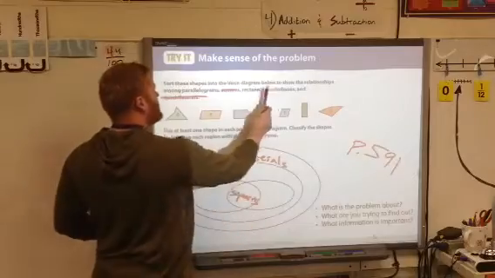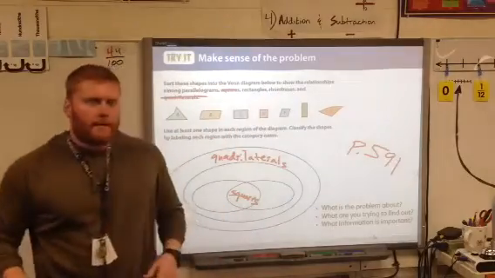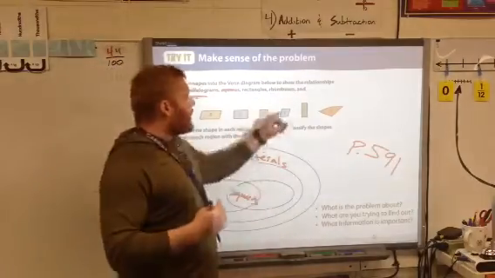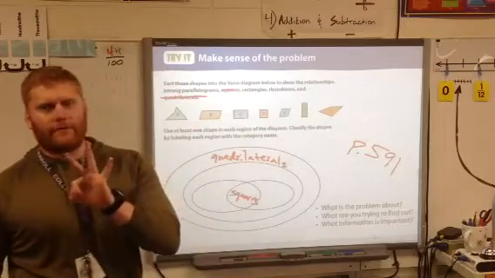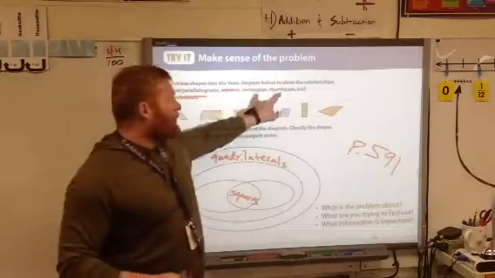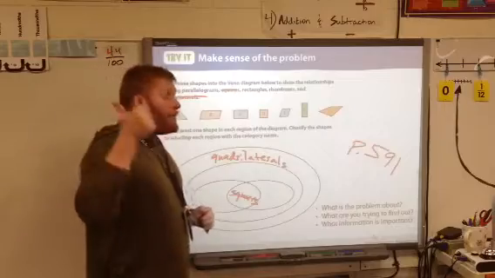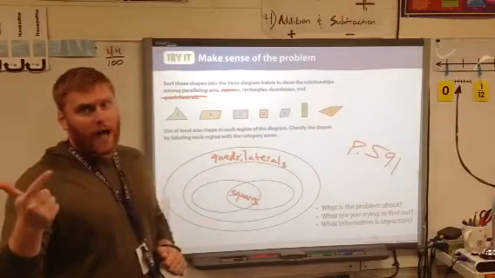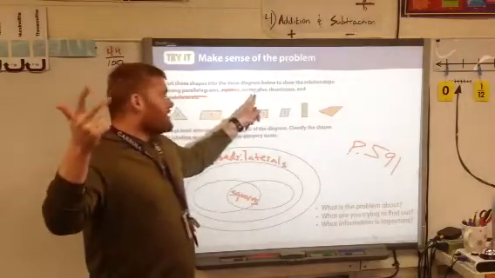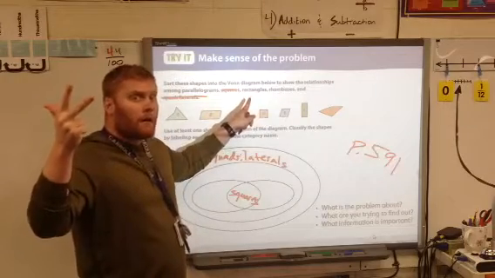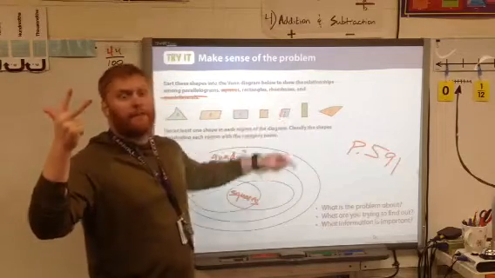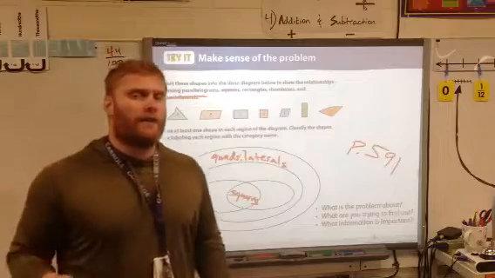I'm left with rectangles, rhombuses, and parallelograms. Now, if I look at rectangles and rhombuses, I can think of 3 attributes. They're both 4-sided. They both need 2 sets of parallel lines. And in rectangles, you need 4 right angles, and in rhombuses, you need 4 sides of equal length.